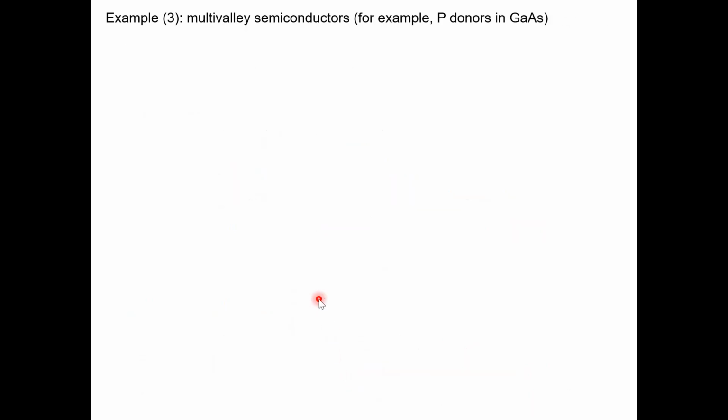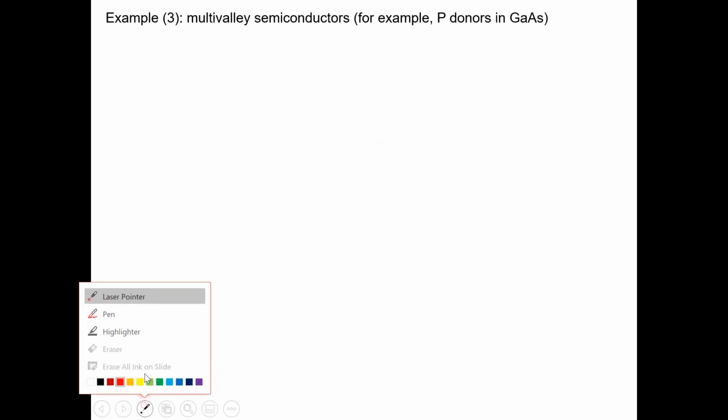Okay, so the third case we must consider now is the full analysis. Oh, this is wrong. So this should be P donors in silicon. It's the full analysis of a multi-valley semiconductor.